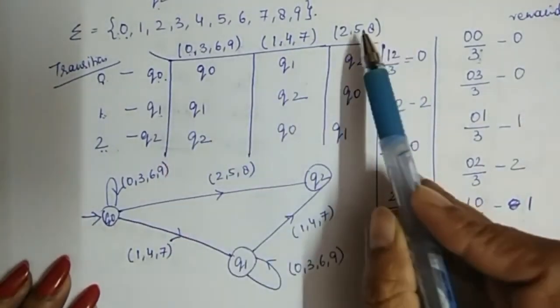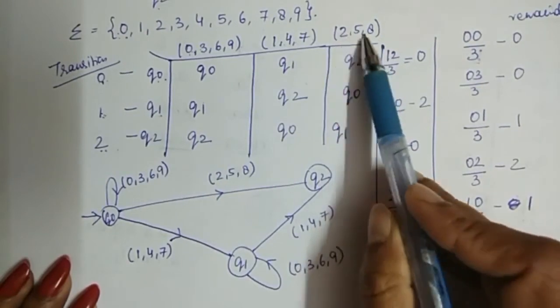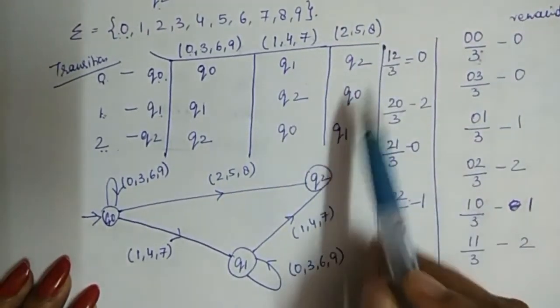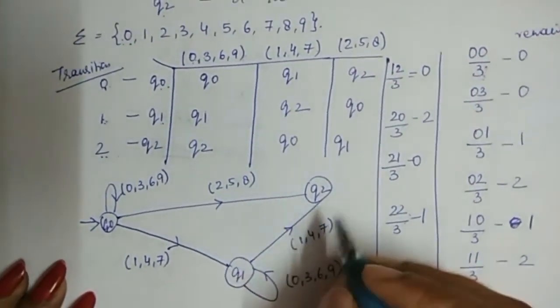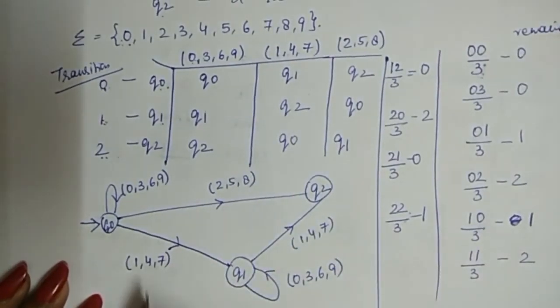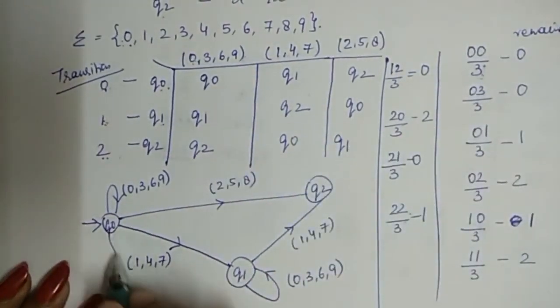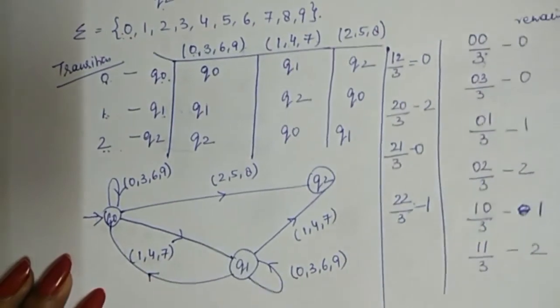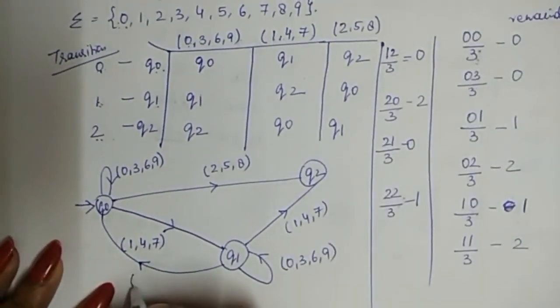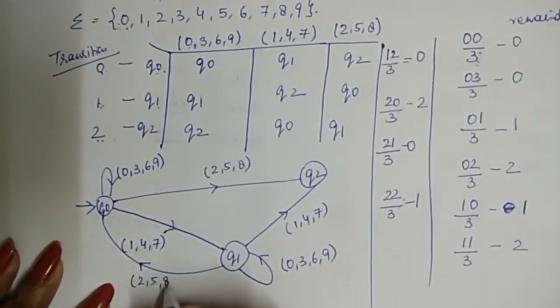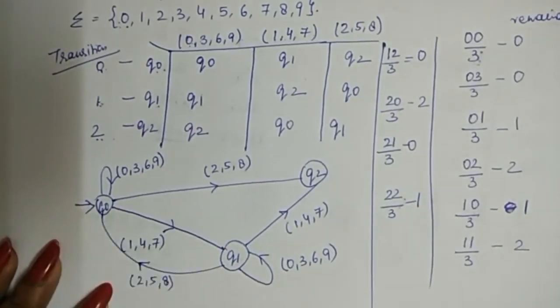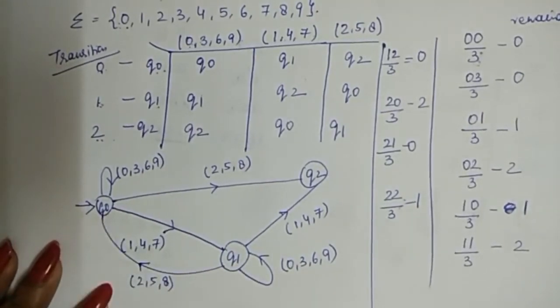Now from Q1, if I put the input 2, 5, 8, the next state is Q0. It means from Q1, okay, if I put the entry 2, 5, 8, the state will change and it will move to Q0.